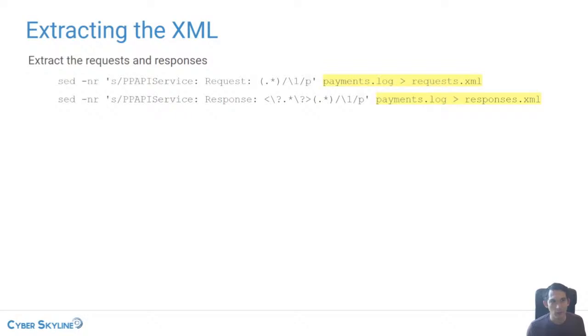And then what follows is we're specifying to sed, hey, we want to open the payments.log file. That's where you're getting your data from. And then for the request, we want to save that into requests.xml. And for the responses, we want to save that in responses.xml.